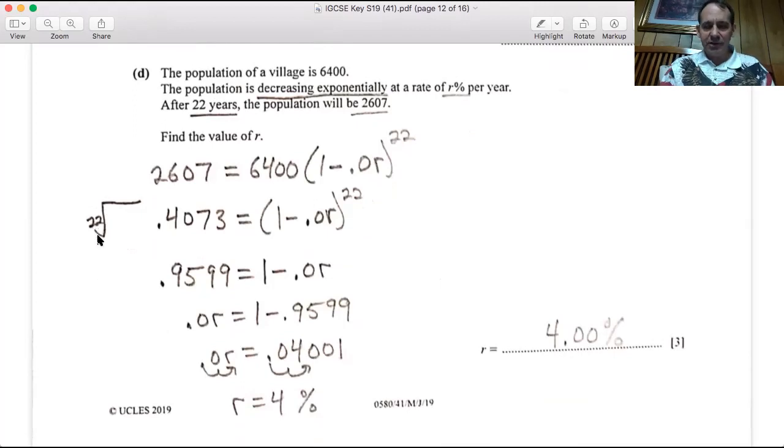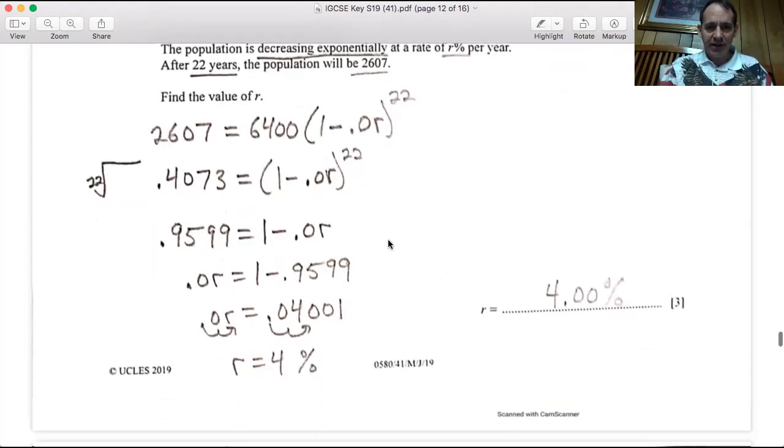You might have to use your root key and change that root to a 22 instead of a square root, or you can just raise it to the 1 over 22 power. You can use an exponent 1 over 22. It's up to you, but you need to do that to both sides. It cancels the 22 over here.